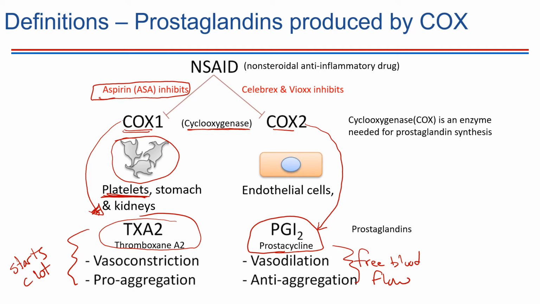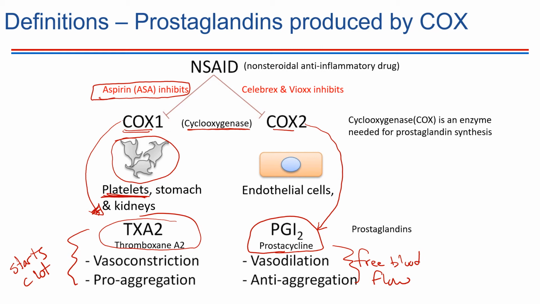So by taking low doses of aspirin every day, people can limit the risk of having a heart attack or a stroke because they won't be making this thromboxane A2 as much, so you're not going to be vasoconstricting or causing aggregation of those platelets. So that's how aspirin is kind of working.